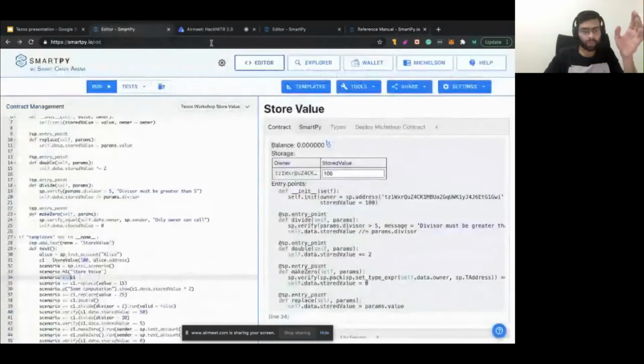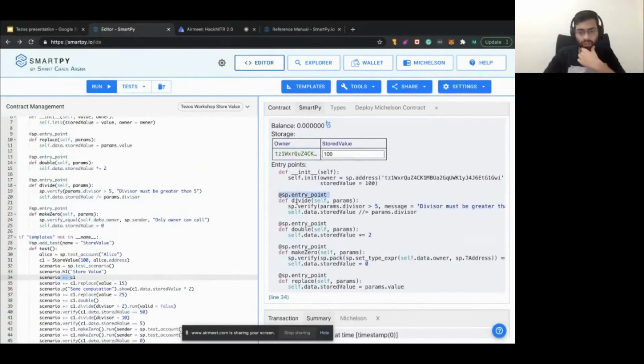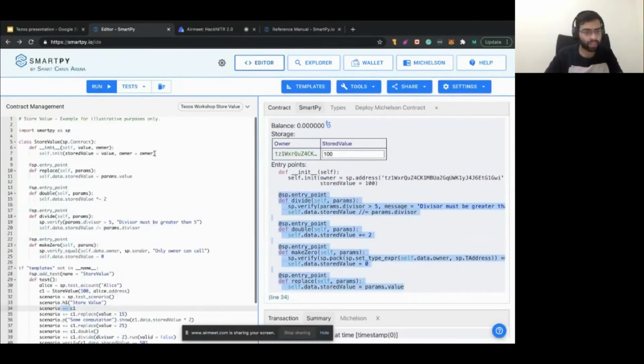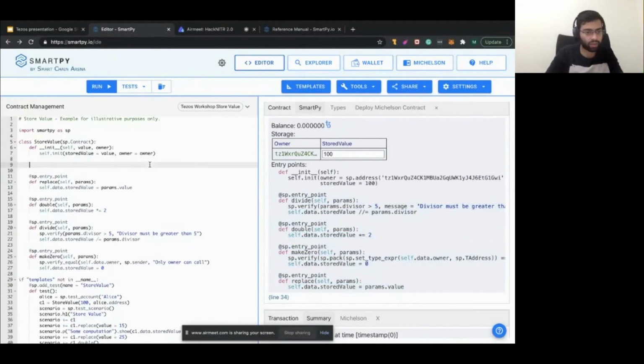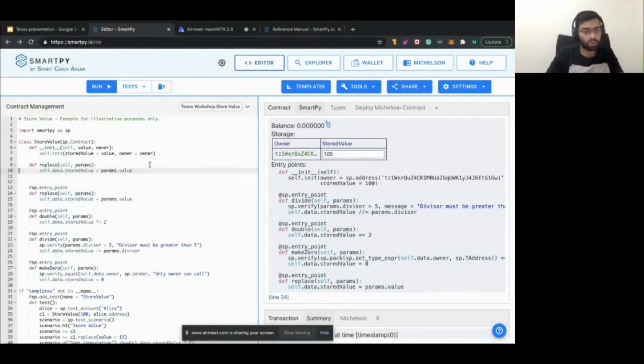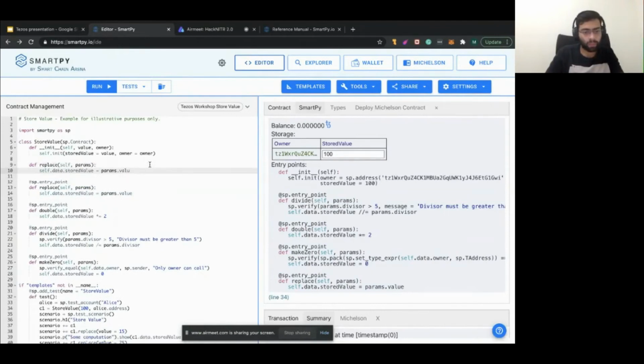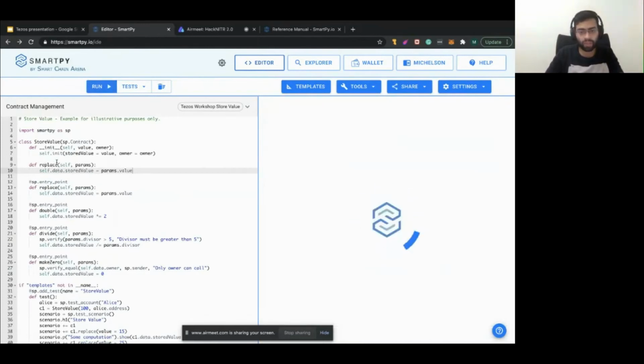But coming back to where we were, these are the entry points that you see here. As I said, if I create a function without an entry point, it's just not going to show up there.